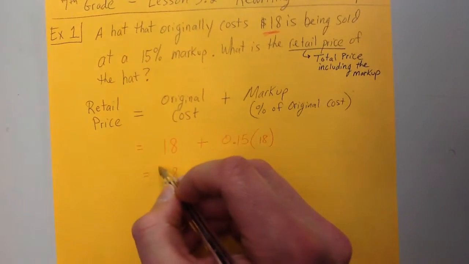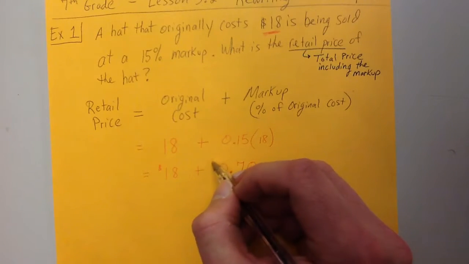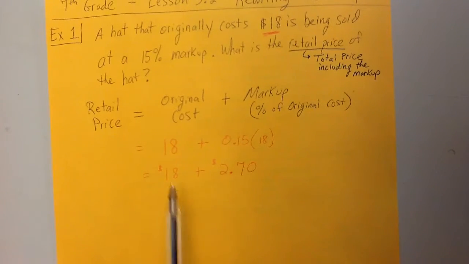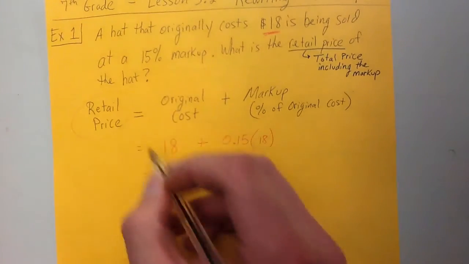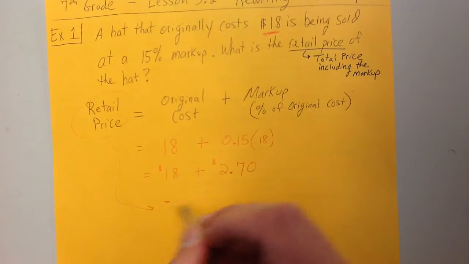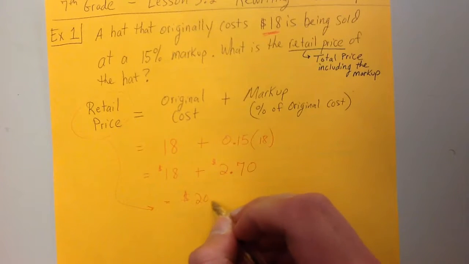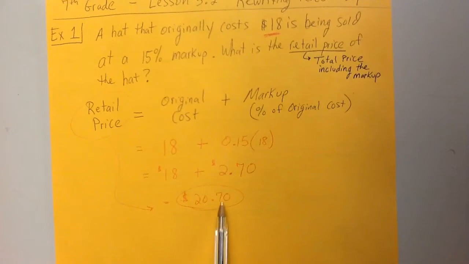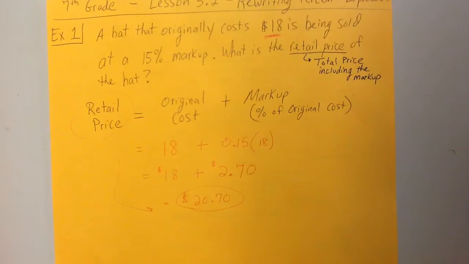So I have $18, the original cost of the hat, plus the $2.70 markup price. If I add these together, I will get the retail price. The retail price is $20.70. That's how much you will pay for the hat if you were to buy that.